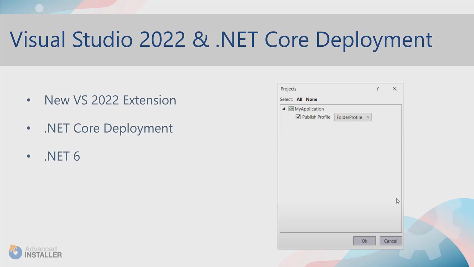Therefore, we continue to expand our VS integration with a new extension, which you can now download from the Visual Studio Marketplace. And Advanced Installer at the moment has dedicated extensions for all the Visual Studio versions released in the last decade, all the way down to Visual Studio 2010 if somebody still uses it.